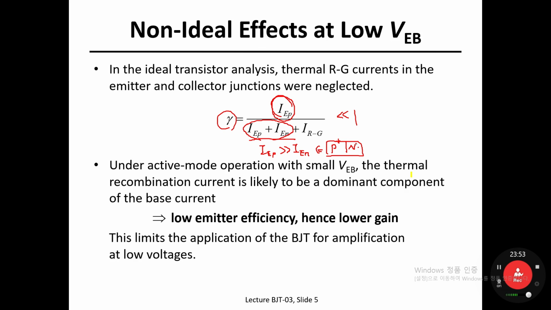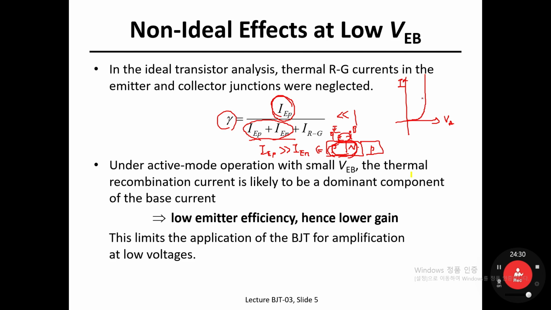In common emitter configuration of your PNP BJT, your emitter and base side is forward biased, right? So once this PN diode is under forward bias, what kind of non-ideal effects should we take care of? Go back to the current versus voltage plot of a single PN diode under forward bias.